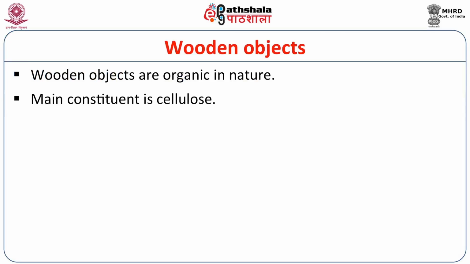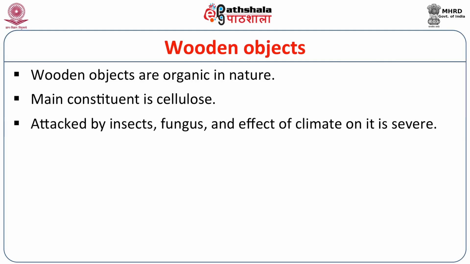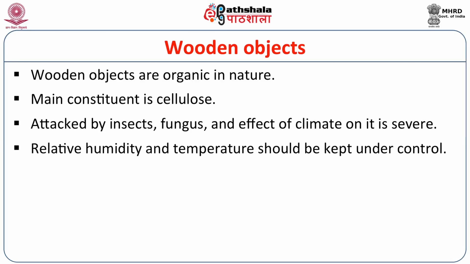The main constituent of wood is cellulose, along with hemicellulose, and as binding medium, lignin is present. Wood is generally attacked by insects, fungus, and the effect of climate. It may be waterlogged. There may be some soil deposition on it. Relative humidity and temperature should be kept under control because both of these affect wooden objects severely.